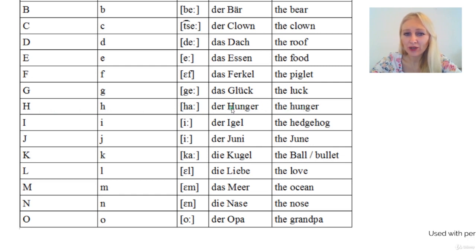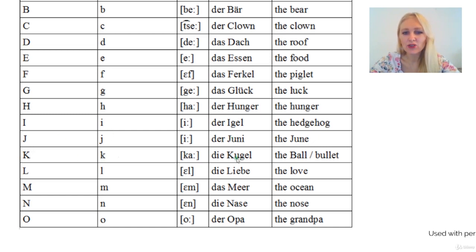There are a lot of words that are very similar, like many German words that are very similar, or even the same as in the English language. Just the pronunciation is different. Like here, as you see with the Hunger in German. Hunger and hunger. I, der Igel. Der Igel. J, okay, this is called J, der Juni.